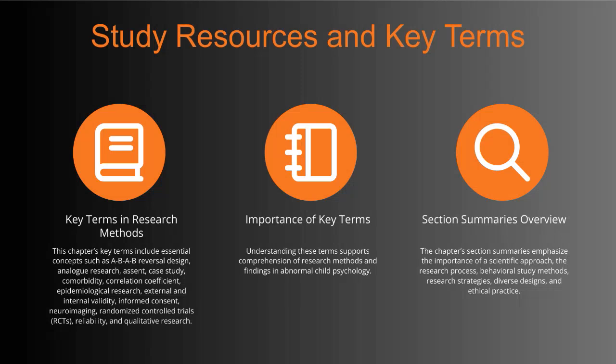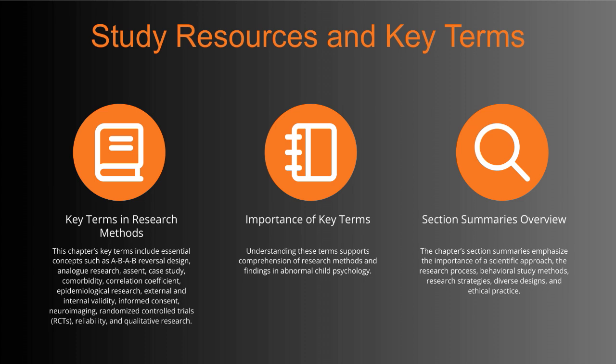In this slide, we focus on the key terms that are fundamental to understanding research methods in abnormal child psychology. Some important concepts you'll encounter include the ABAB reversal design, analog research, and randomized controlled trials, or RCTs. You'll also see terms like comorbidity, which refers to co-occurring disorders, and correlation coefficient, a measure used in statistical analysis.